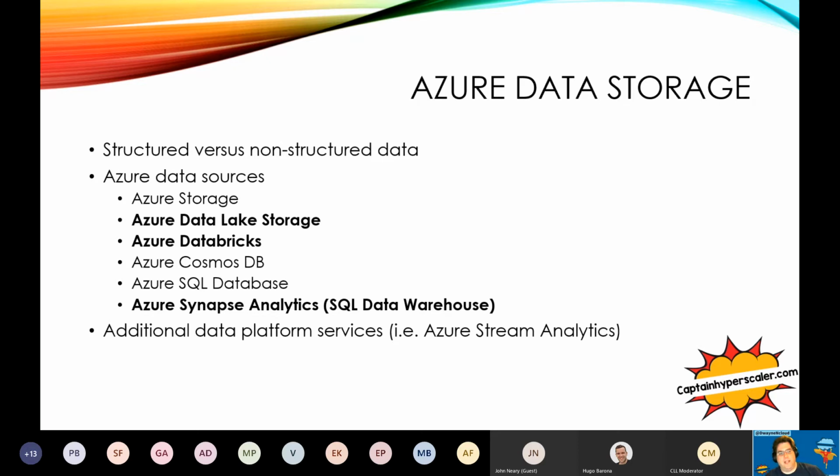That's where we start talking about Azure Data Lake Storage, Databricks, and then Synapse Analytics, or the former SQL Data Warehouse, as well as Azure Stream Analytics. All of those, and Data Factory, and all of those big data services fall into when you're ingesting large amounts of data, and you need to process and store those quickly in a manner that you can then access and transform and present that information on a quick basis as well. So that's where all of these start coming into play.